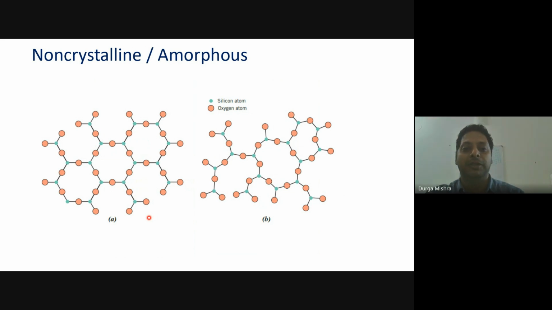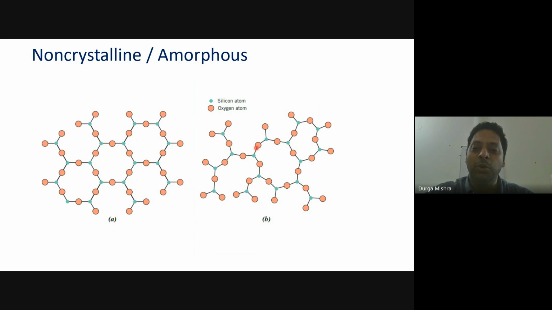So glass, when we talk about glass, it is basically silicon dioxide. So silicon and oxygen. You have here the oxygen atoms and the silicon atoms, and if you cool down relatively slowly, you will get this nice hexagonal structure of silicon dioxide. But if you cool it down or quench it, you get this disordered state.